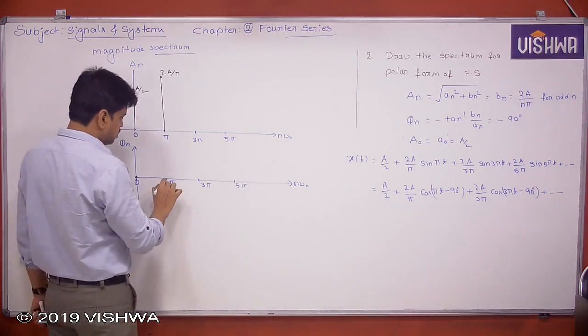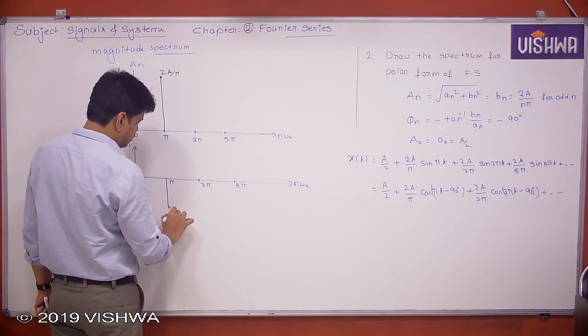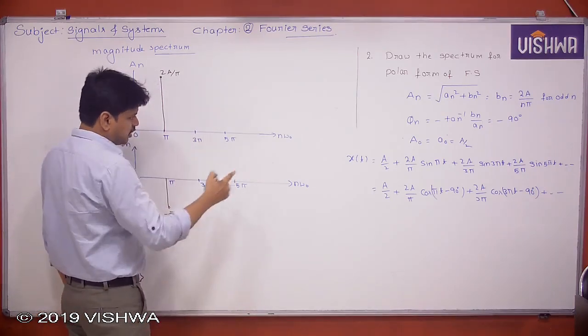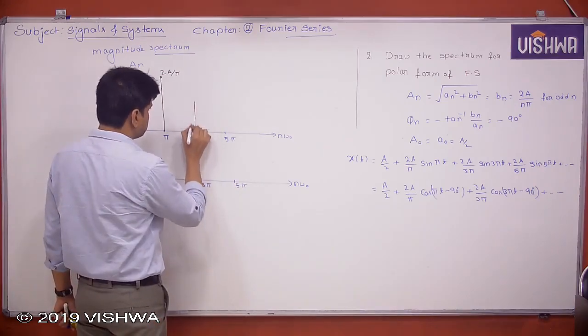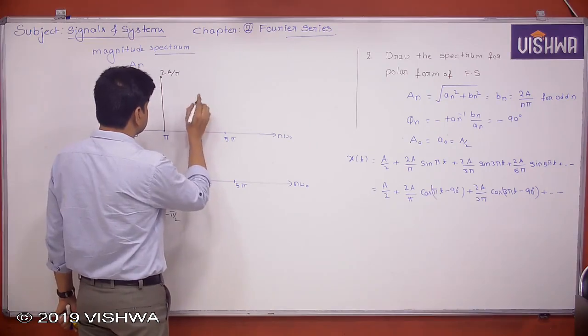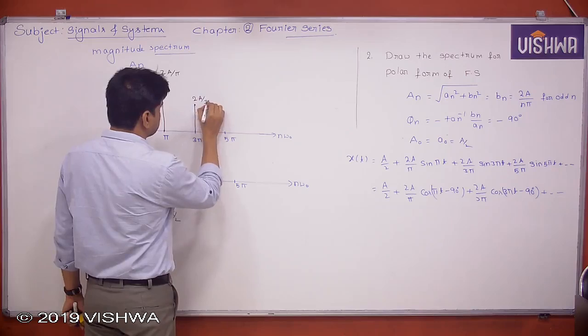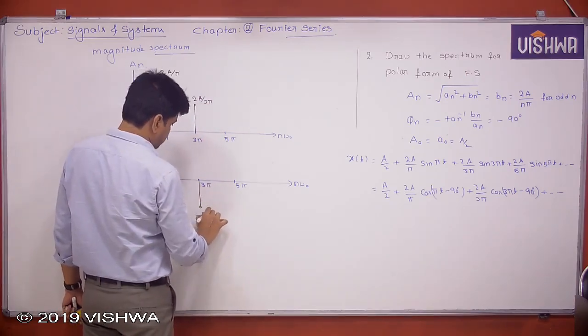Next here we are having minus pi by 2. Phase is 90 degrees, which is minus pi by 2. Next we are having 2a by 3 pi, phase angle minus pi by 2.